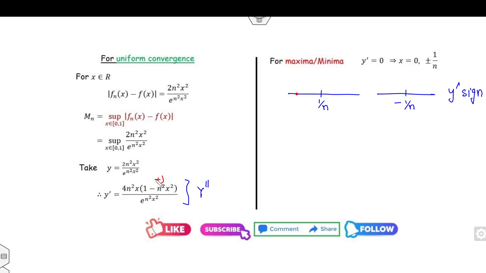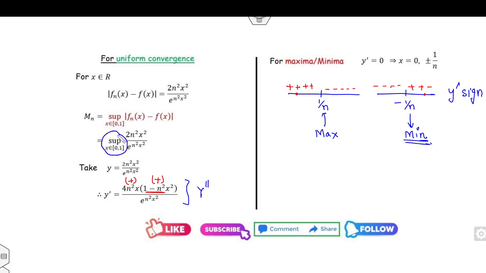When x approaches 0, this number is positive, this number is positive, the whole expression is positive. And this part is negative, because whenever x is a larger number, this number is negative. So clearly this point is the point of the maxima. This point changes from negative to positive. This is the point of the minima.